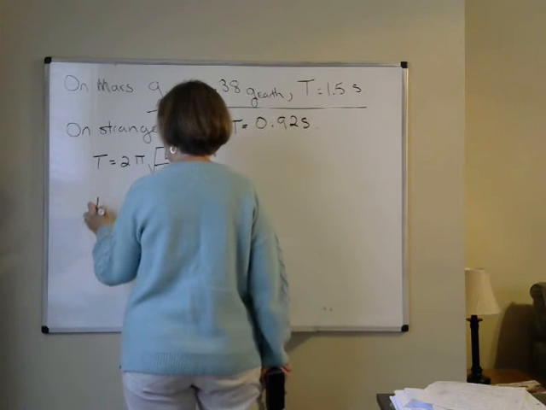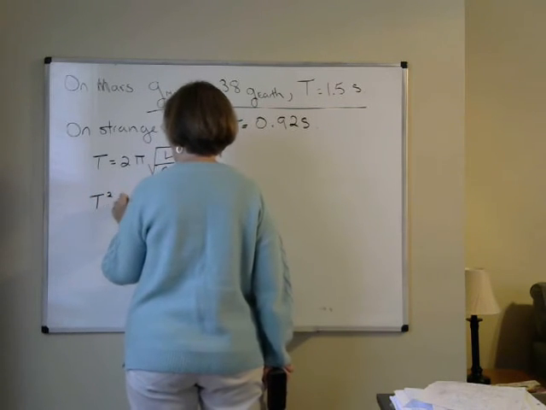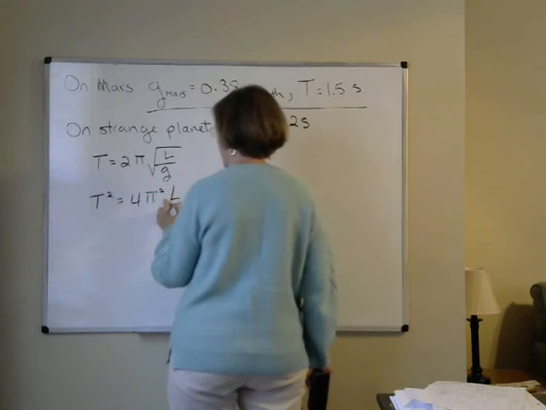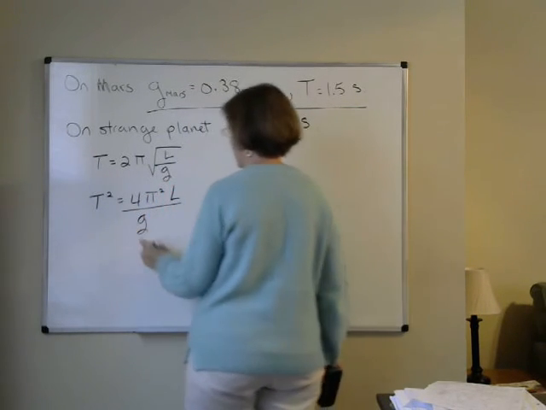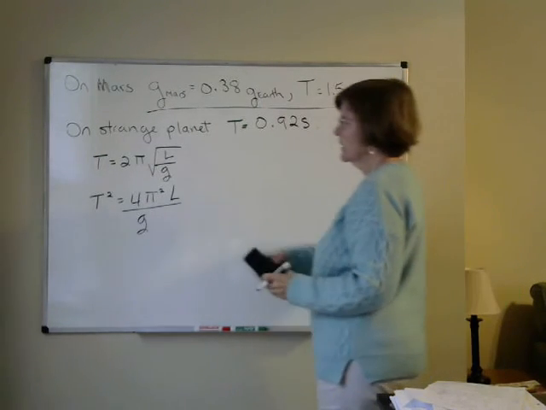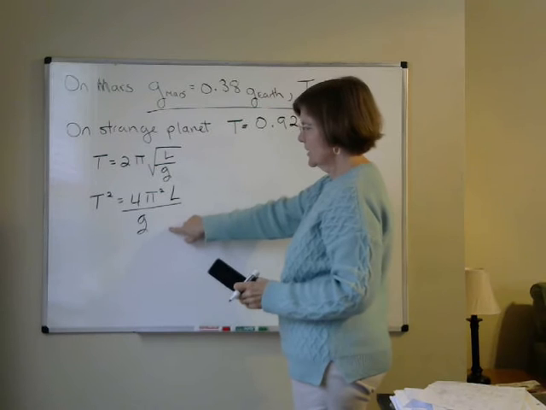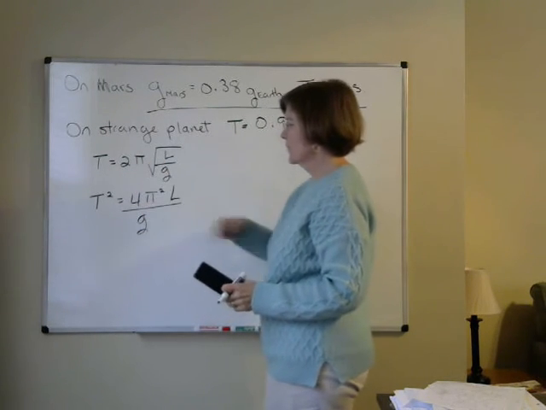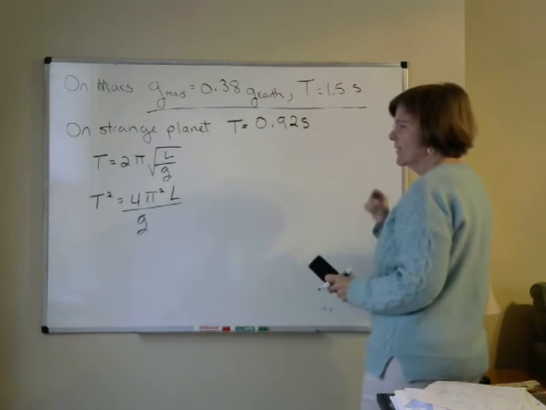I'm going to get T squared equals 4 pi squared L over G. Notice how that works. When I square a square root, I just get L over G. But when I square T, I get T squared. When I square 2 pi, I get 4 pi squared. I know everything but L.